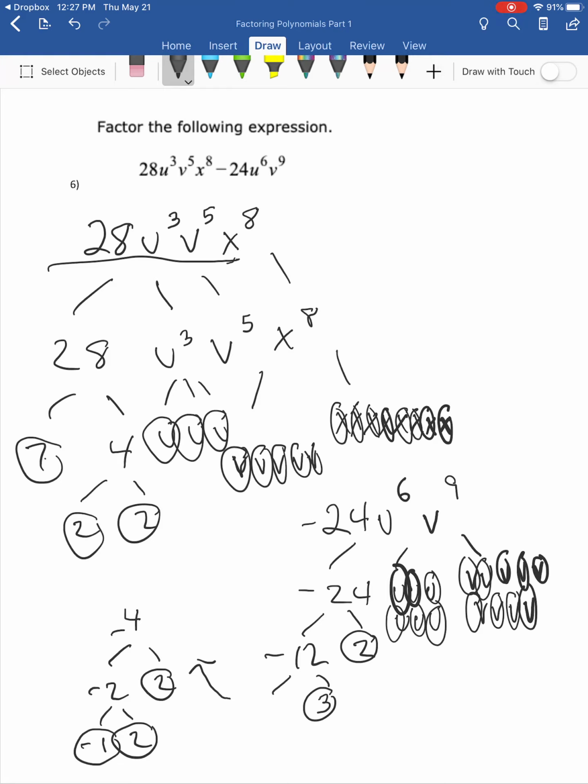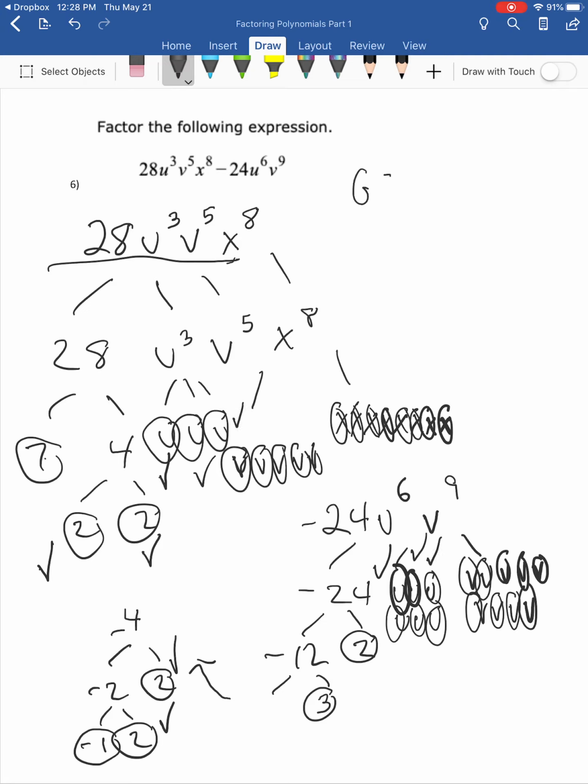They have two 2s in common. Okay, let's see what they have in common for the u's. They have 1 u, 2 u's, 3 u's.